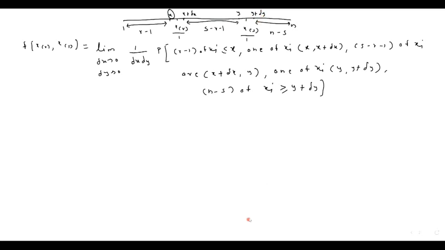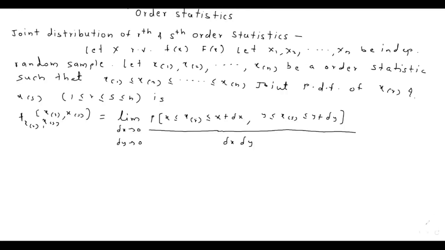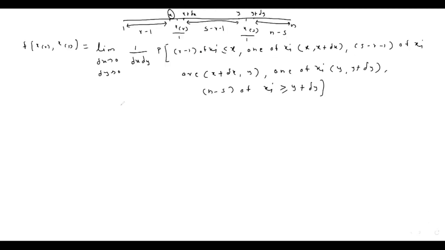Okay. Now, let me write this as, since we know, if you see the statement over here, my random samples are independent. Okay, so let me apply the independence. So since the xi's are independent, we can write this probability as the limit delta x tends to 0, delta y tends to 0.